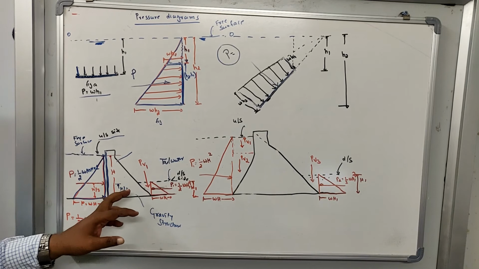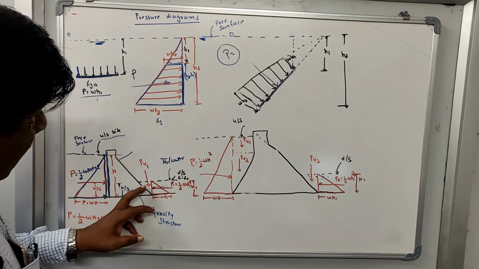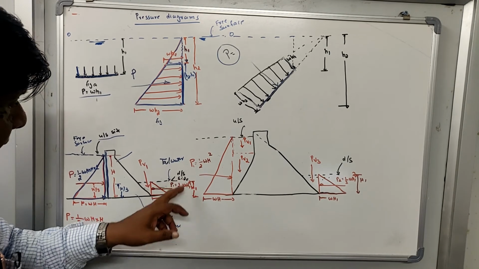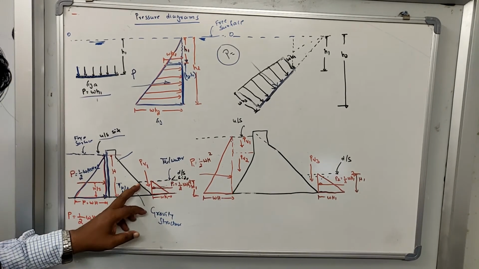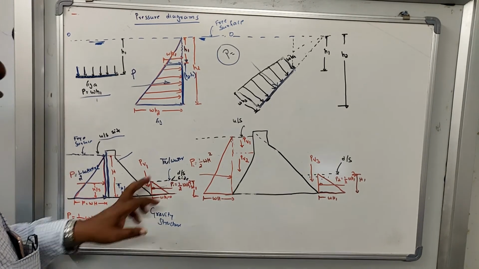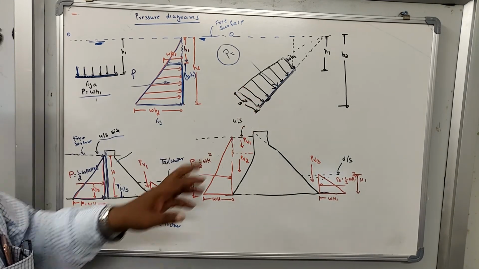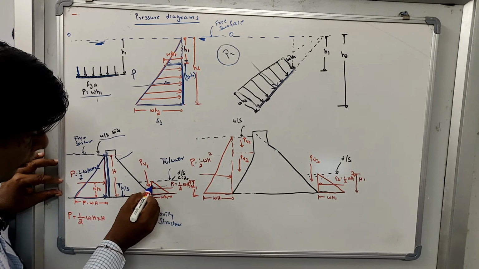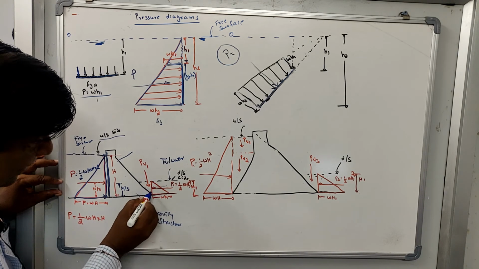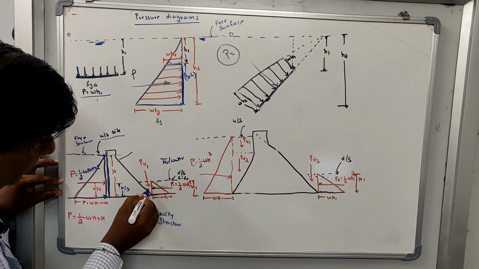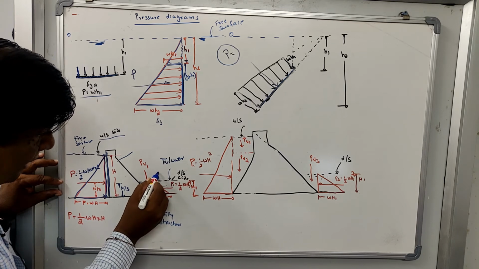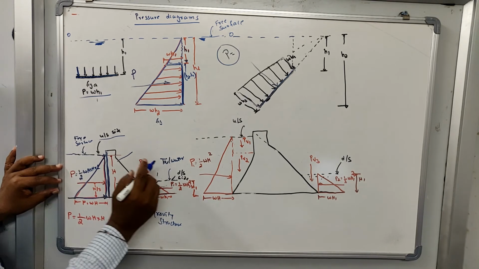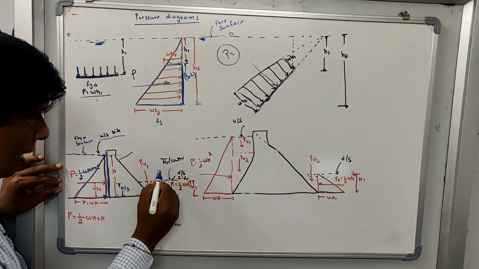Okay, similarly you have the tail water, for a depth of h1. This height is h1. Since this is an inclined surface, the actual total force is going to act in the normal direction, which means the total force is going to act in the inclined direction. So you can take horizontal and vertical components of this force.